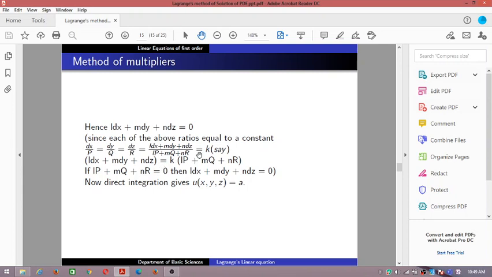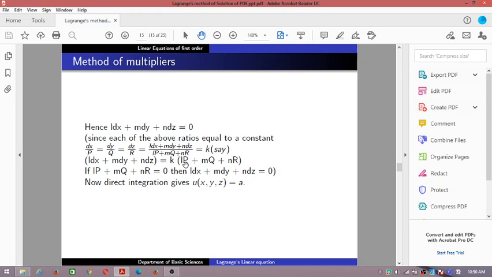Since each of the ratios in the subsidiary equations is equal to a constant, say k, we have dx by p equal to dy by q equal to dz by r equal to L dx plus M dy plus N dz by Lp plus Mq plus Nr equal to k.